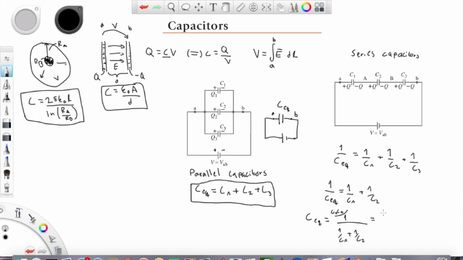So we will get C1 C2 divided by C1 C2 divided by C1 plus C1 C2 divided by C2. So here the C1s cancel, here the C2s cancel, so we are left with their product on the top and their sum in the bottom. So this is a handy little trick that you could use. And let me box it as well.